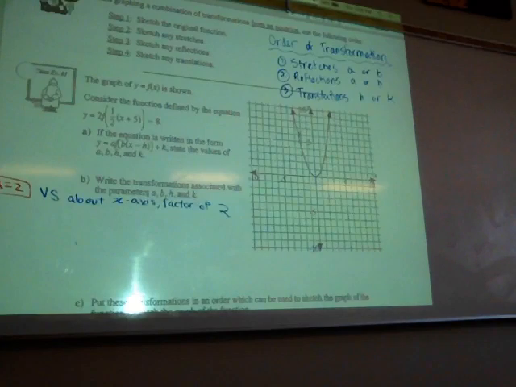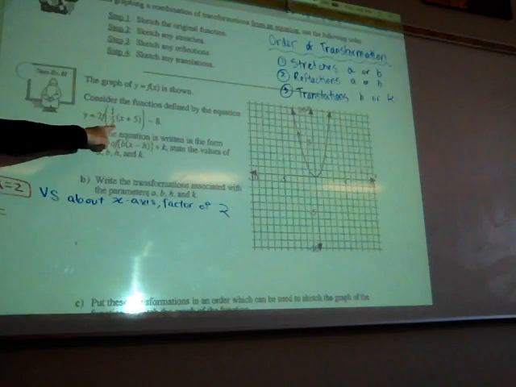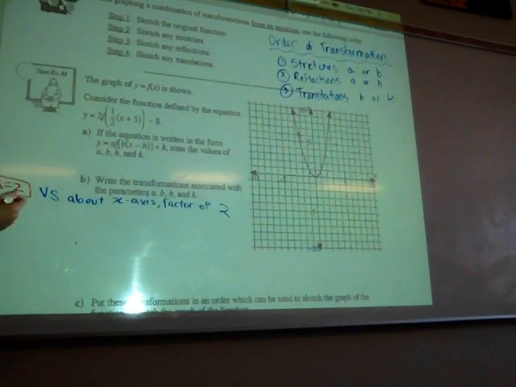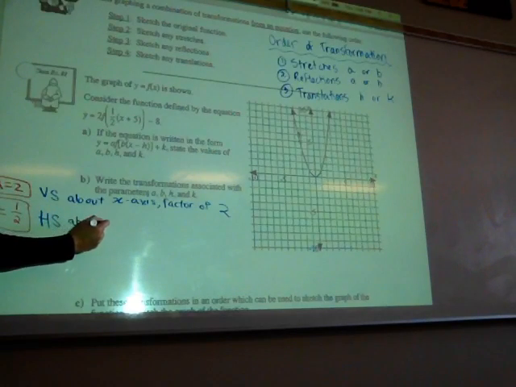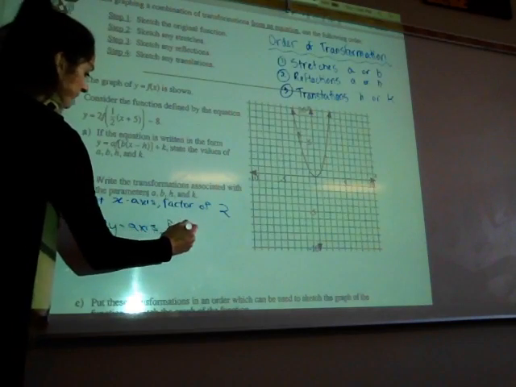Okay, let's look at B. What does B equal? 2. Okay, so the actual b in the equation is a half. So what's replacing the b is a half. But when we describe the stretch, it's 2. Okay, so b equals a half, but we have a horizontal stretch. It's about the y-axis. And it's a factor of 2.